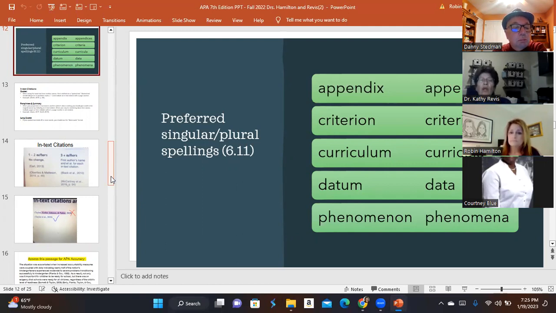So when we're talking about an appendix as an entry, you're going to say Appendix A. But if you're talking about several, it would be your appendices, and so on and so forth. Datum is the singular word, and data is your plural word. You may use that, maybe not so much in this first task, but as you start looking at other tasks, you will.